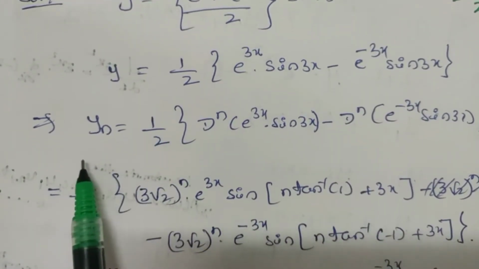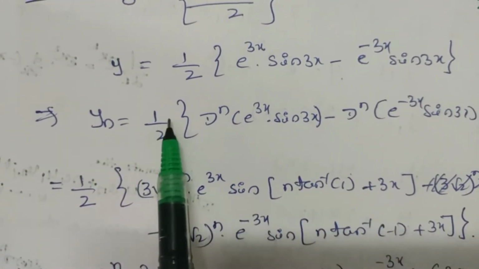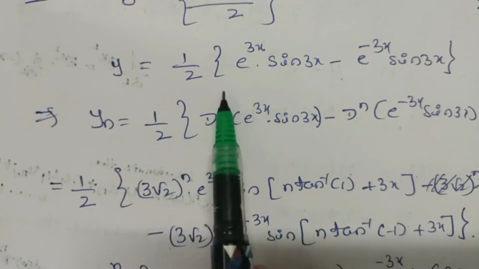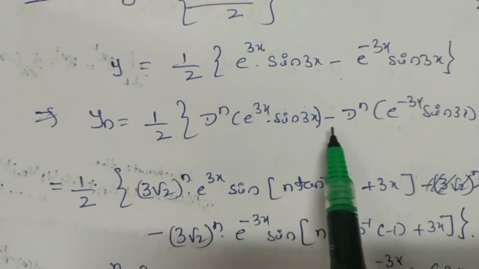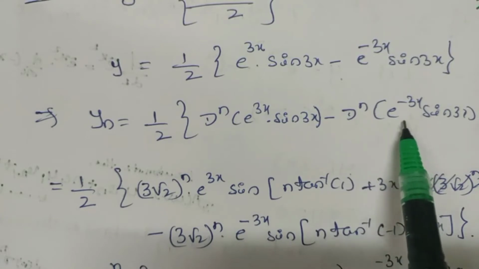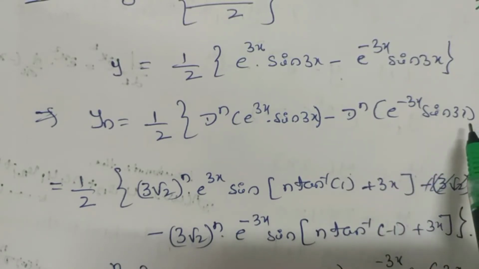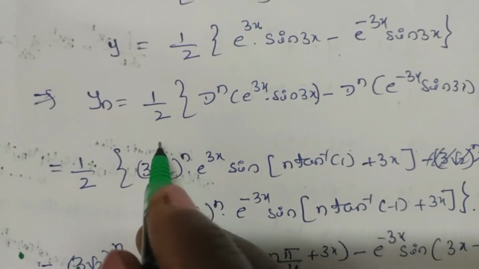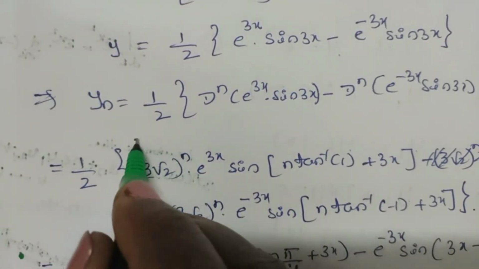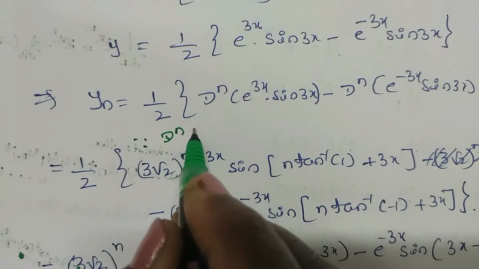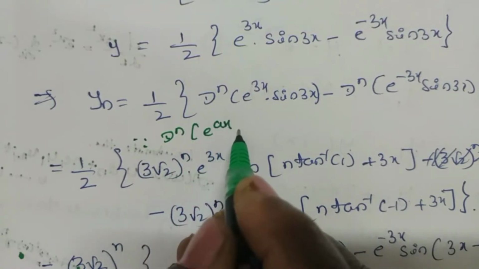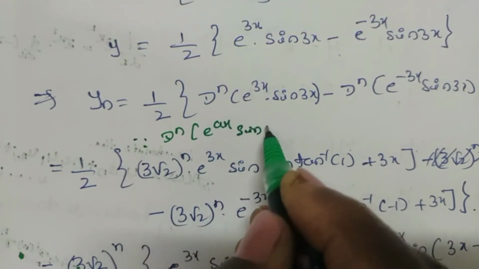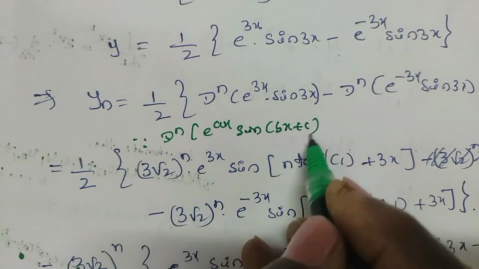Now apply nth derivative for this. Nth derivative is equal to 1 by 2 constant as it is, nth derivative of e raised to 3x into sin 3x minus nth derivative of e raised to minus 3x into sin 3x. Here it is in the form of nth derivative of e raised to ax into sin(bx plus c).